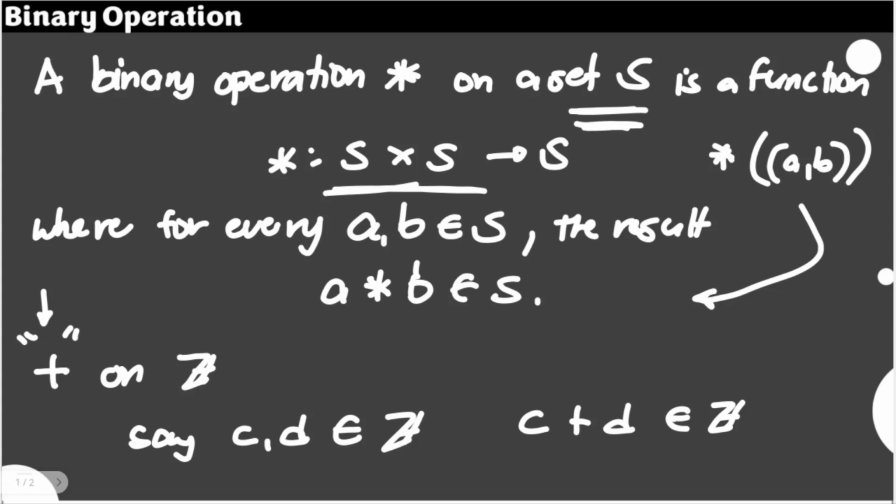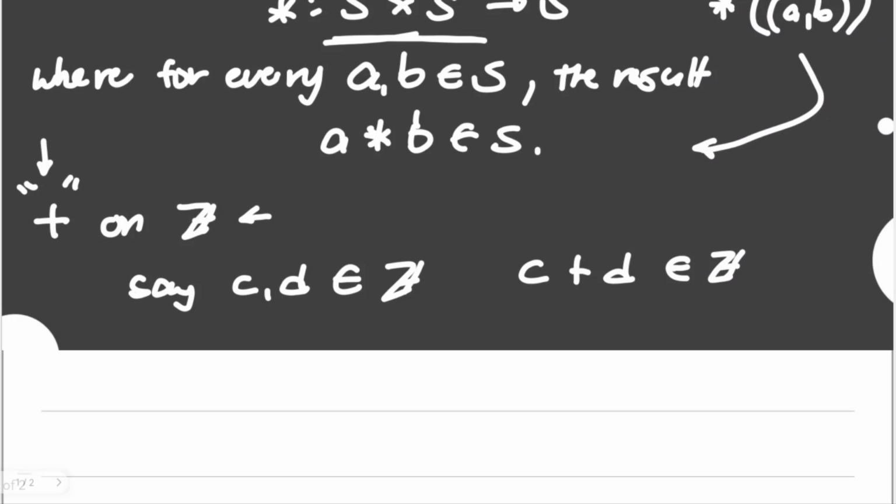Now, it's very important to take note that there is an identification of the set S, in this case set Z, because not all the time is our operation closed under the same set. Let's talk about another example: the subtraction operation on Z. This is still a binary operation, because if you subtract integers, it will still fall on integers.